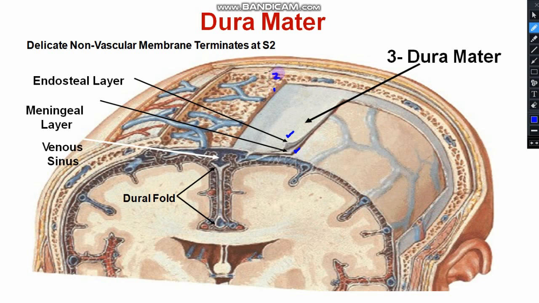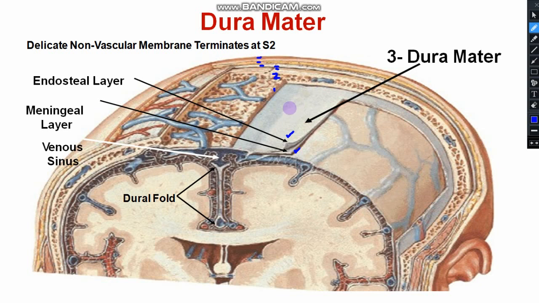Okay, now further moving ahead, we see here the layers of the scalp from deeper to superficial. The layers of the scalp are arranged in this pattern: pericranium, then loose aponeurotic tissue, then the aponeurosis, galea aponeurotica, then connective tissue, which is the superficial fascia, then skin.